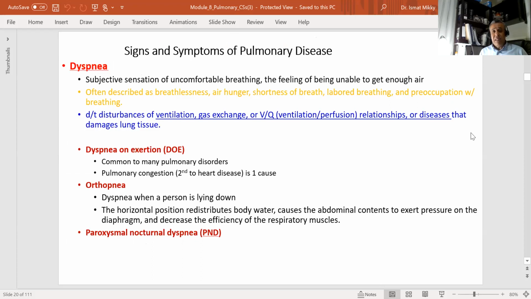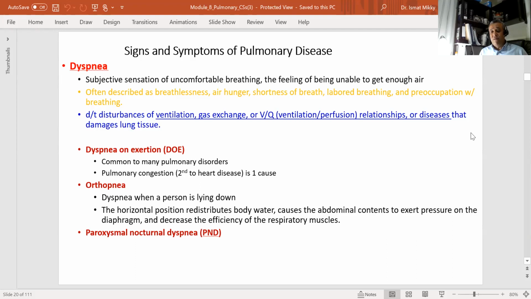So these slides explain the signs and symptoms or manifestations of pulmonary disease. Most pulmonary diseases share some of these manifestations, in other words, these manifestations are very common in most respiratory dysfunctions, like dyspnea, for example, which is the subjective sensation of uncomfortable breathing.